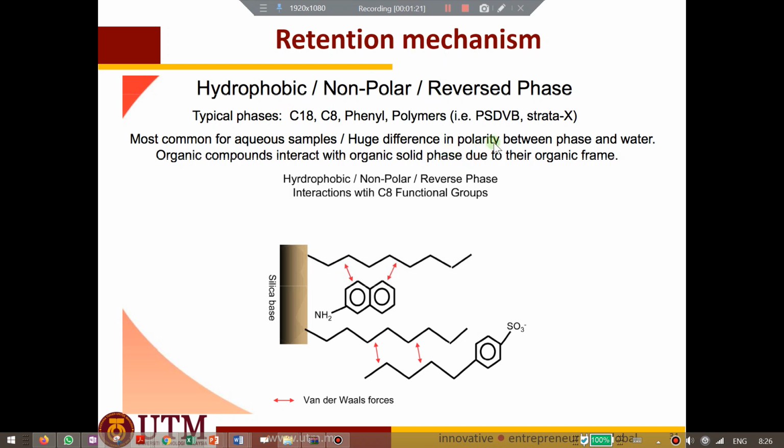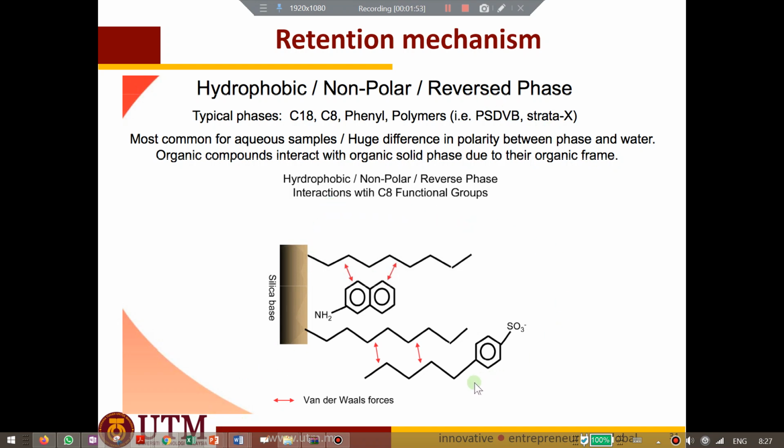There is a huge difference in polarity between the phase and water. Organic compounds interact with the organic solid phase due to their organic frame. If your analyte of interest is organic, especially non-polar or has a non-polar structure, it will be able to adsorb onto the surface of the C18, or what we call the non-polar particle surface.